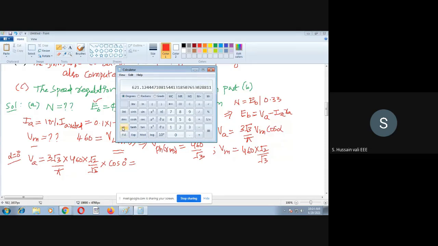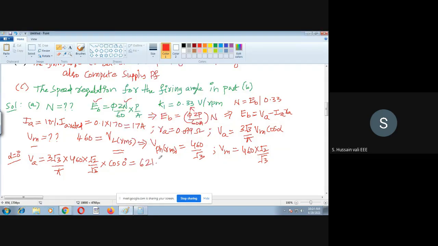So 621 is the VA value. We'll put 621 volts.